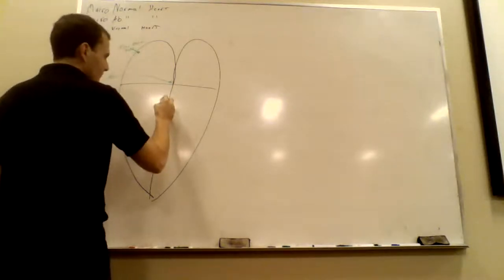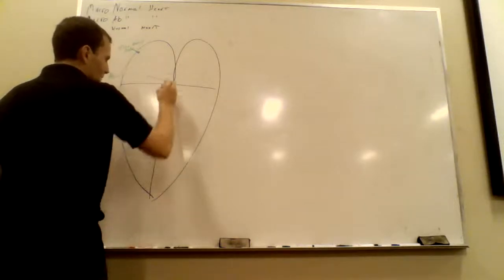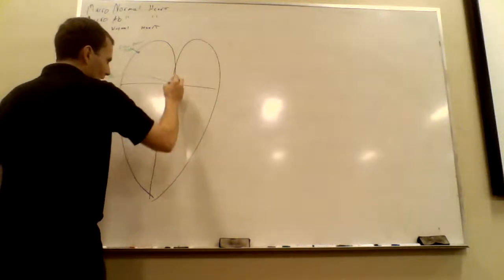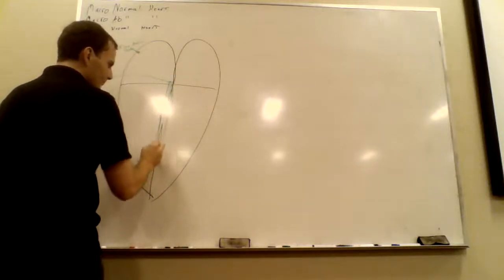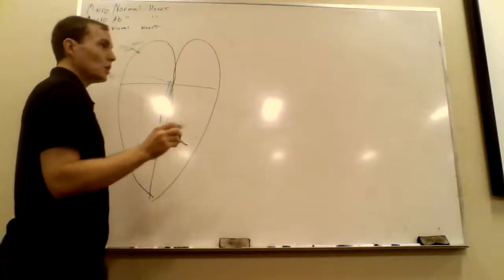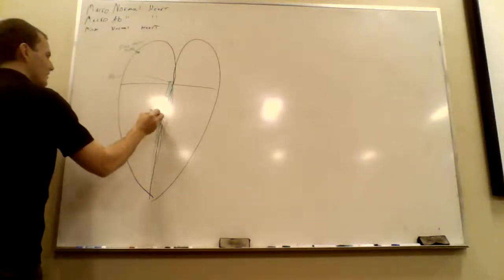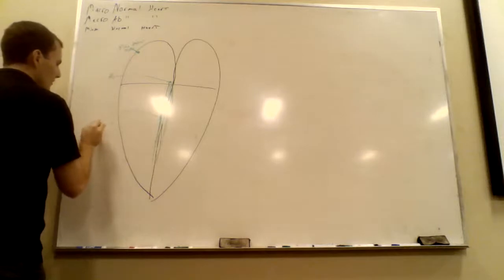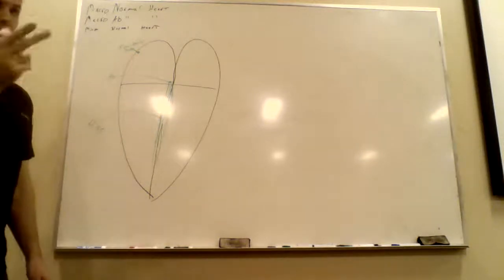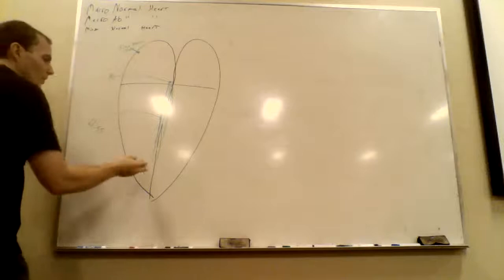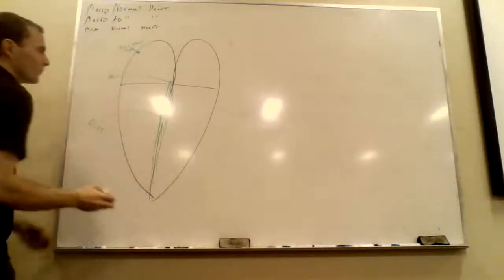Further down, coming off of the AV node, several fibers. Anybody want to take a stab at what these are called? There's the septum or the Purkinje. Yes, Purkinje fibers, also known as the bundle of His. I'm just going to write His. And they are going through the septum. Excellent. And they go all the way down to here.